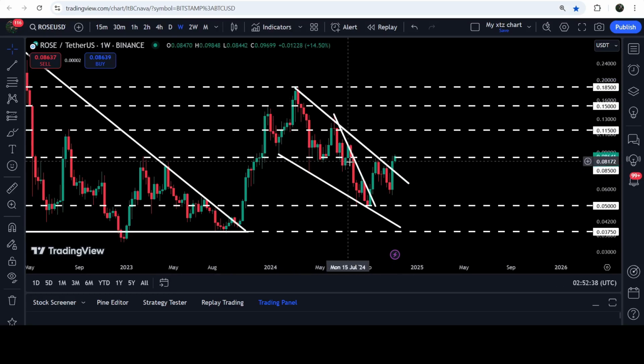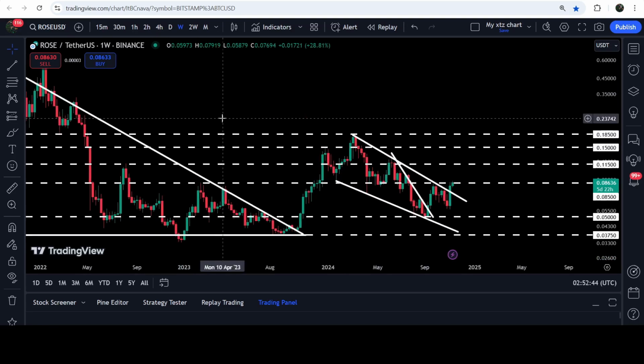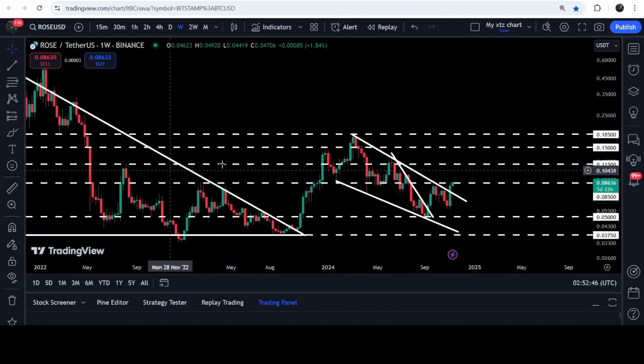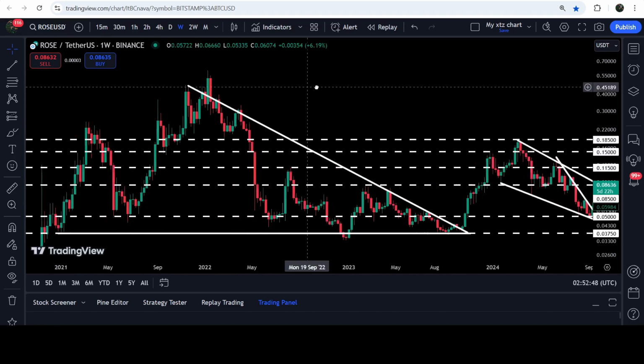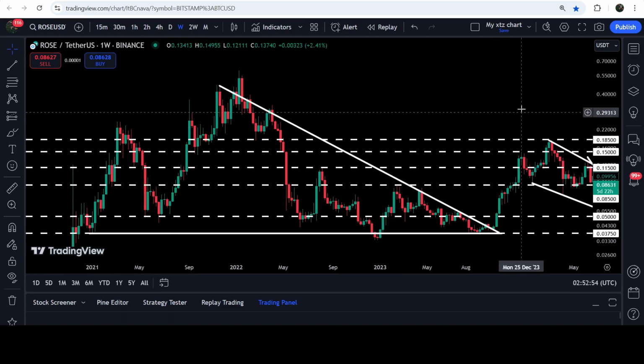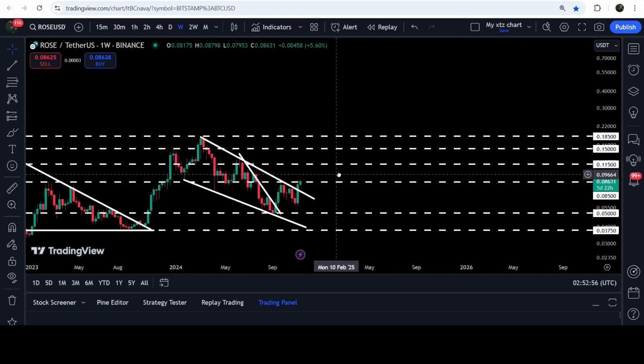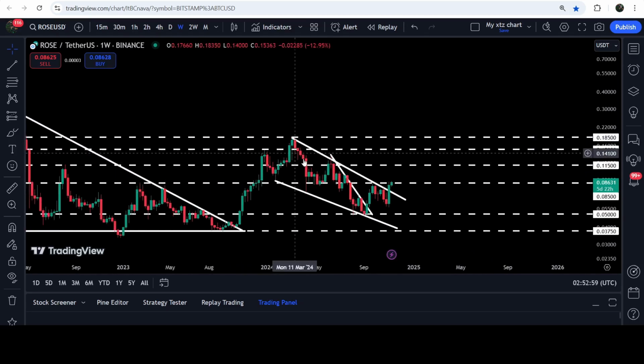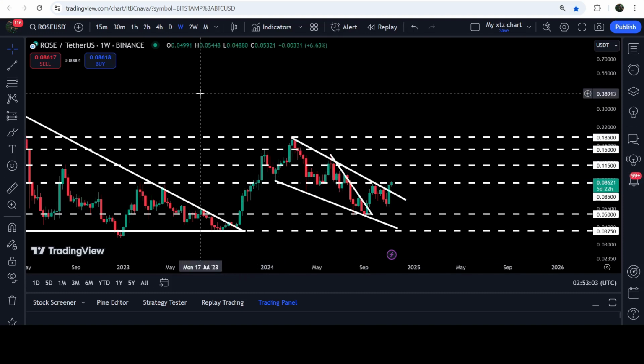And in case of breaking out this resistance, it can imminently move to the next resistance that is here at 11.5 cents. That was previously breaking as a resistance here. And if we move more back, then you can see that here in the month of November 2020, it was also breaking as a resistance. Therefore, again, it can work as a strong resistance. However, the technical target for the breakout from this falling wedge pattern is here at the top of the wedge at 18.5 cents.